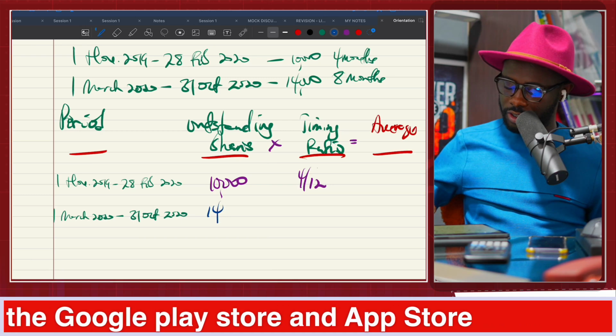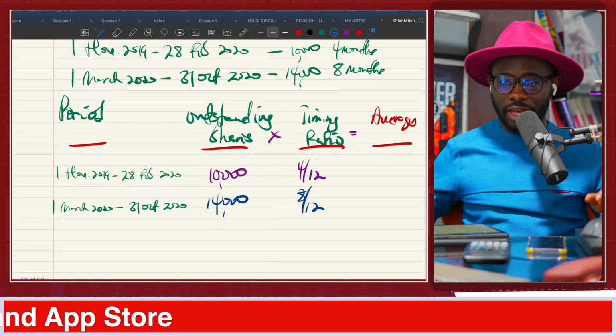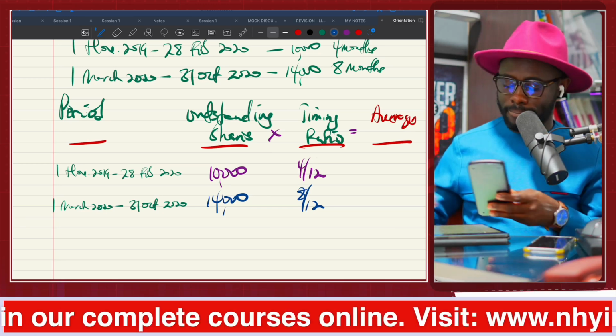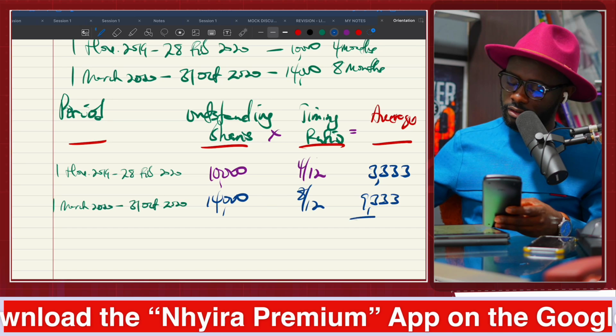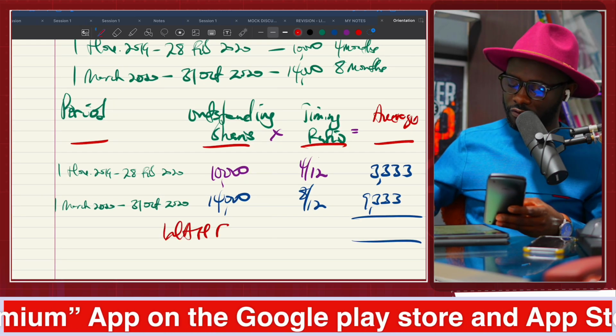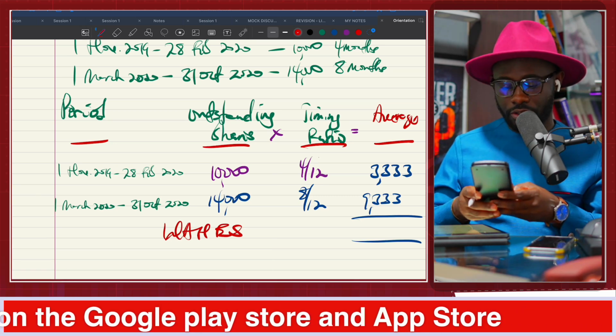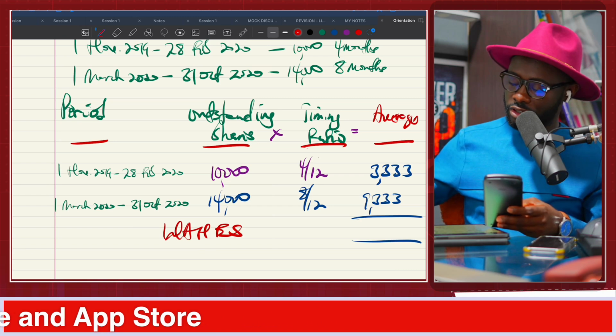For the second period, 14,000 with timing ratio 8/12. We multiply to get the average. That's 3,333 and that is 9,333.